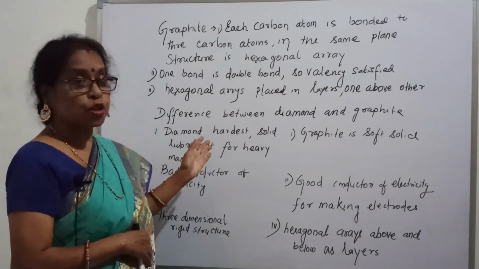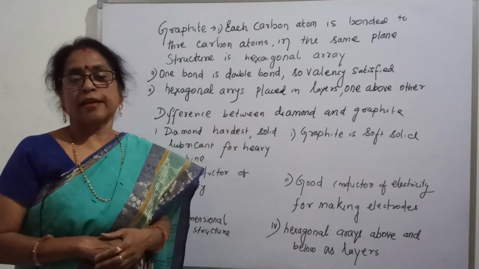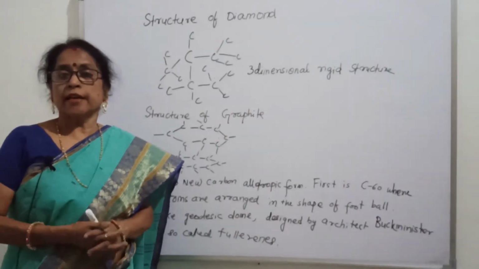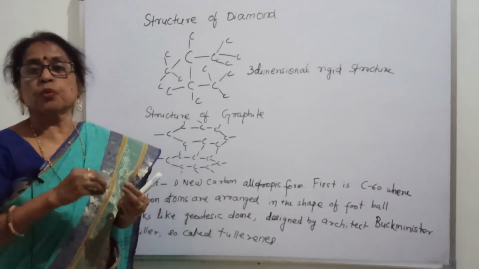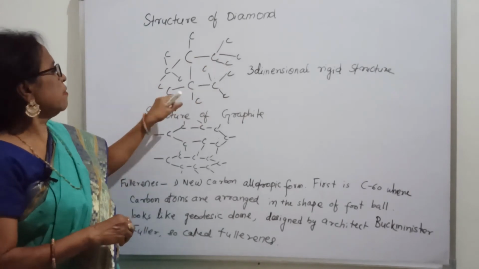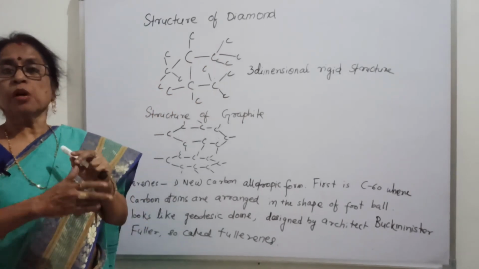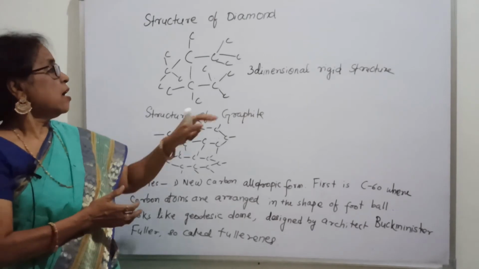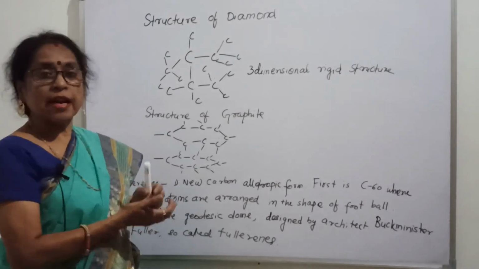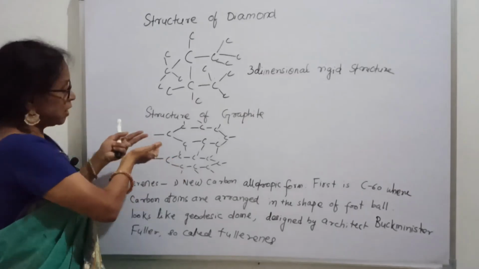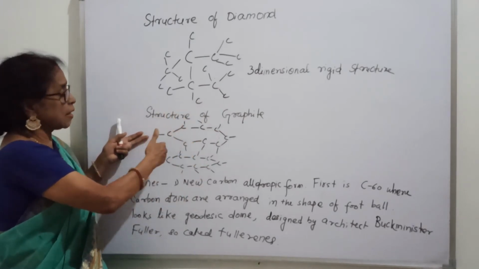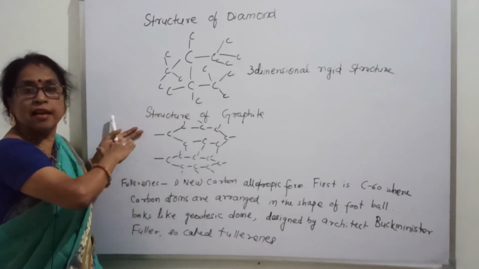Then I will draw the structure of graphite and diamond. Structure of diamond: I told you that here one carbon is attached to 4 carbons. Everywhere you can observe one carbon attached to 4 carbons, forming a 3-dimensional rigid structure, that is diamond. Whereas graphite is a hexagonal array. One hexagonal array is placed above the other and behaves like a layer structure.